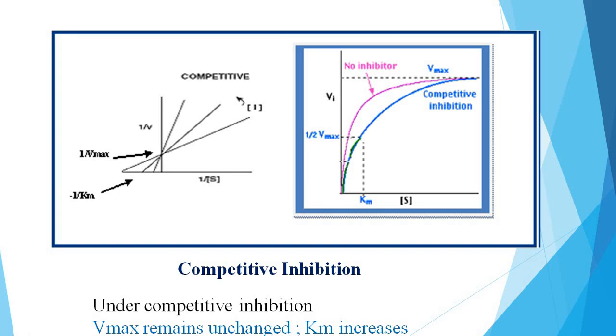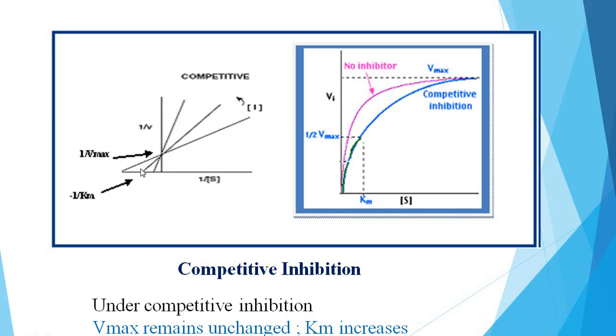Secondly, if we draw the Lineweaver-Burk double reciprocal plot also, in which we get a straight line between the reciprocal of the substrate and the reciprocal of the velocity. This is the reciprocal of the substrate on the x-axis, and this is the reciprocal of velocity on the y-axis.